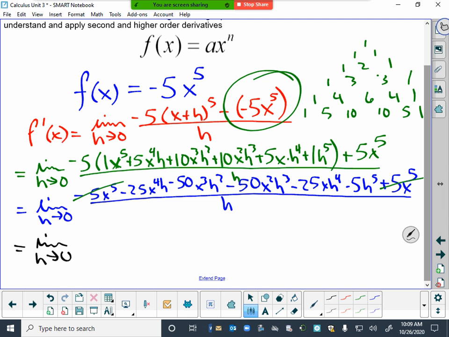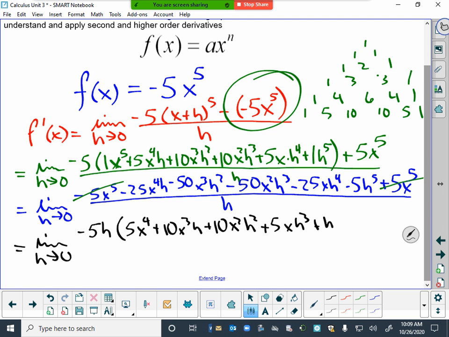And so we will take the limit as h goes to 0. If we factor an h out of everything, in fact, everything has a negative 5h that I can factor out. So we'll do negative 5h, and that will leave me with 5x to the fourth plus 10x cubed h plus 10x squared h squared plus 5xh cubed plus h to the fourth, all over h.